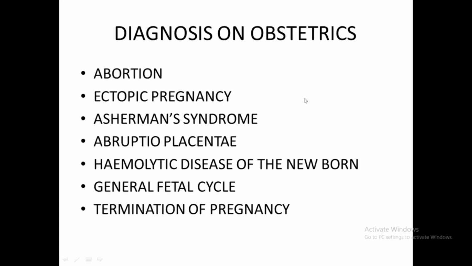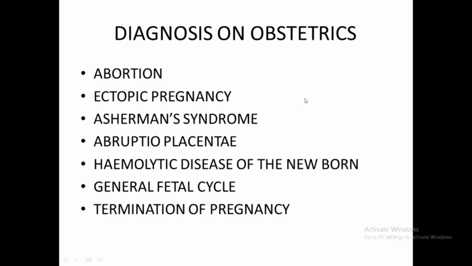These are the 5 basic parameters that doctors analyze. Apart from these, the other parameters the doctor analyzes are humeral length, renal pelvis, transcerebral diameter, then interocular distance and binocular distance. So these are the other 5 parameters.